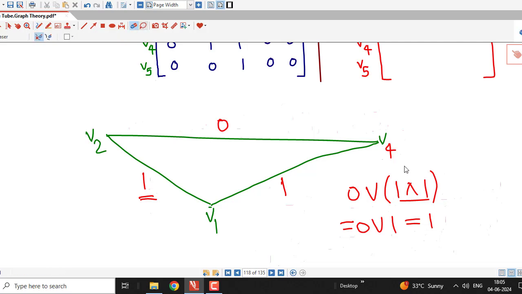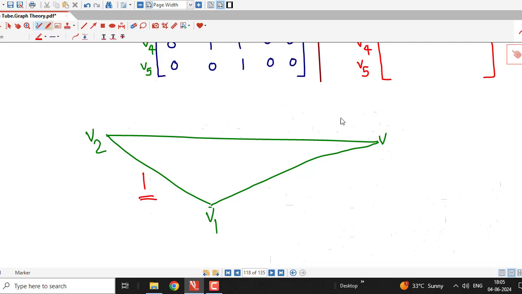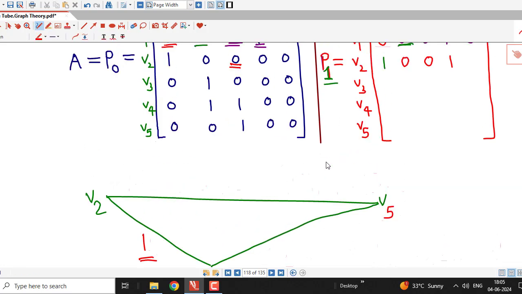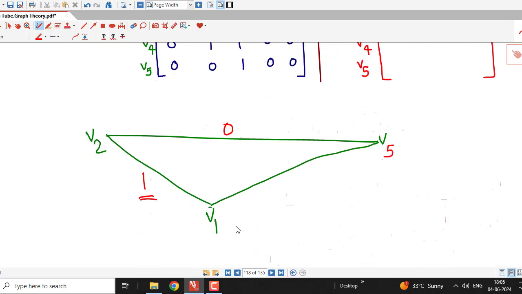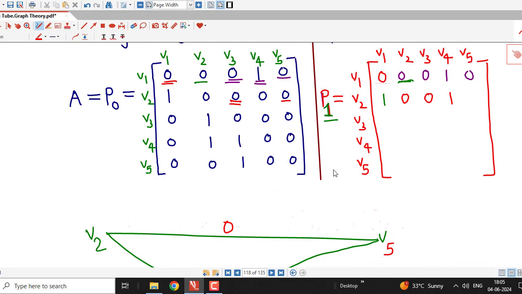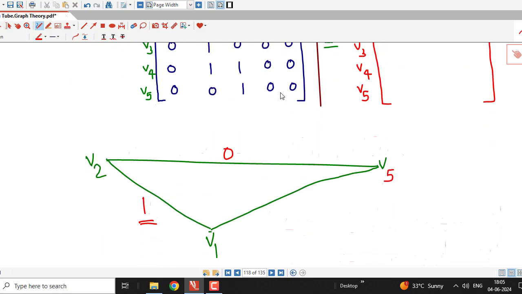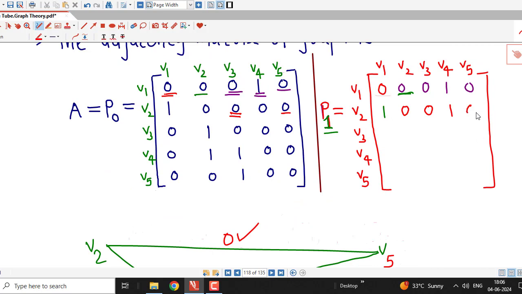The same pattern I have to follow for V5. So I have to remove this, and here I write V5. From V2 to V5 we have 0 from this. Here we have V1 to V5. So from V1 to V5 also we have 0. So you can see, if at least one of these is 0 and this is 0, then that will give us 0.